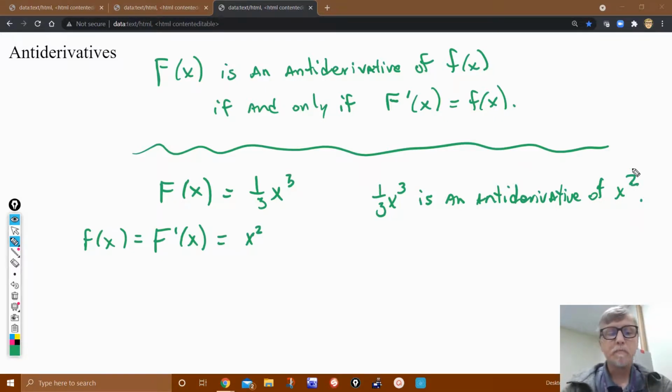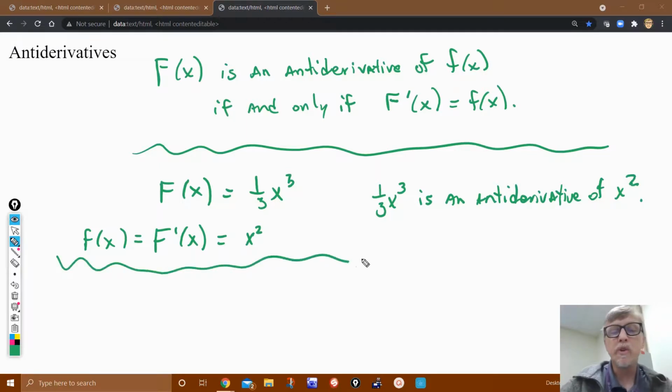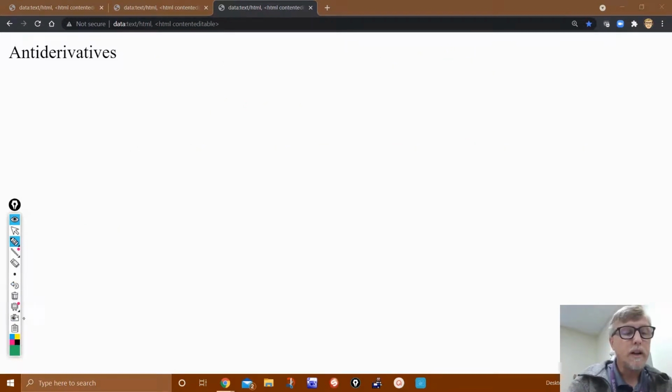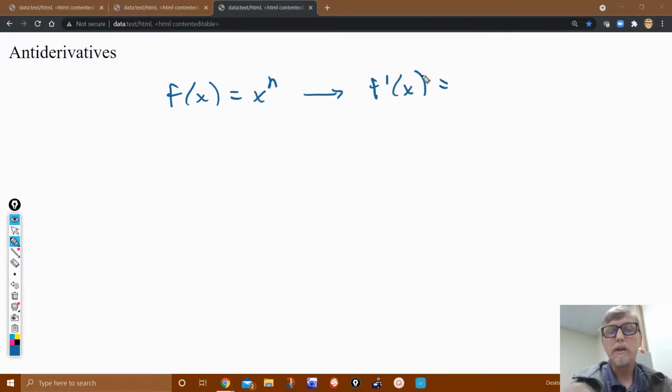And soon and very soon, you'll learn some rules for finding antiderivatives. Let me just quickly tell you the one that works for the power rule. If f of x is a power function, then the derivative is where you move the power in front and multiply by the coefficient, so 1 times n is n, and then you reduce the exponent by 1.